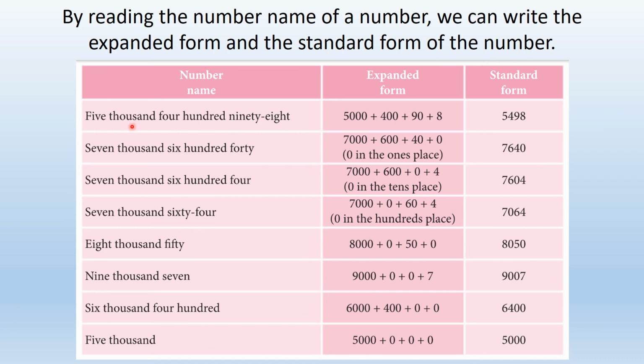So there is a table in your textbook, and in that table we have number names in the first column, expanded form in the second column, and standard form of the number in the third column. You can find this table in your textbook on page number 12.